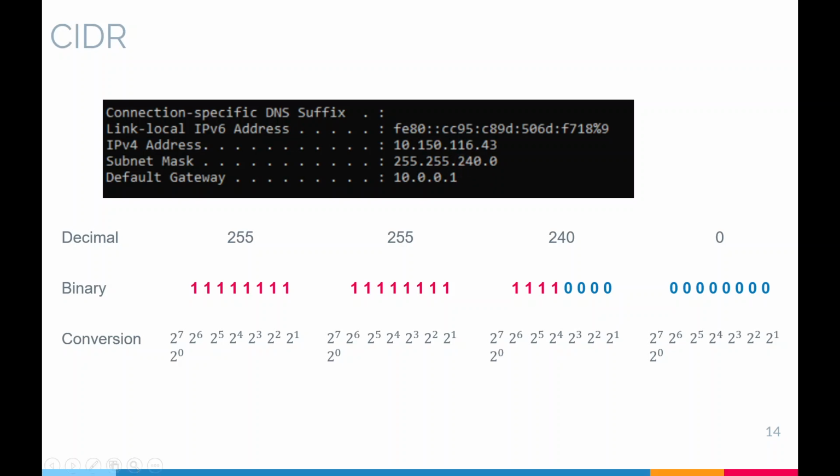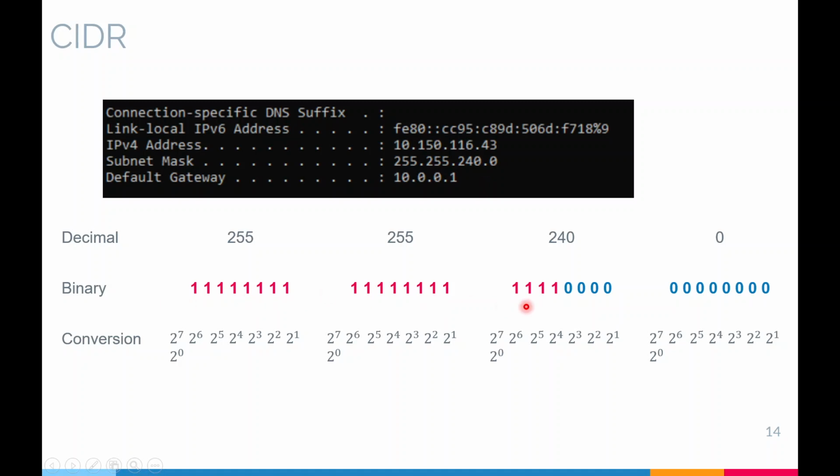The boundary of separation between the network and the host portion lies somewhere in the third octet. This should be quite visible to you if you have followed the video properly until now. It should be easily understandable that this is not 255, and the network and host partition lies somewhere around the third octet.